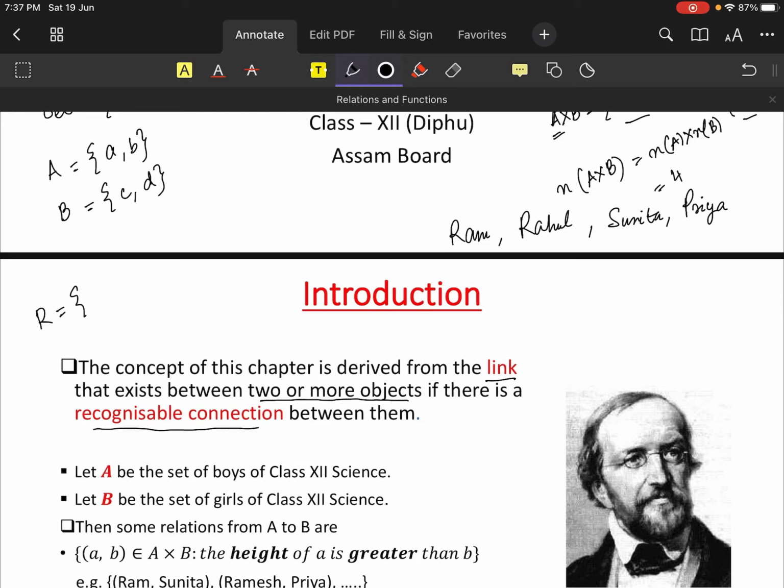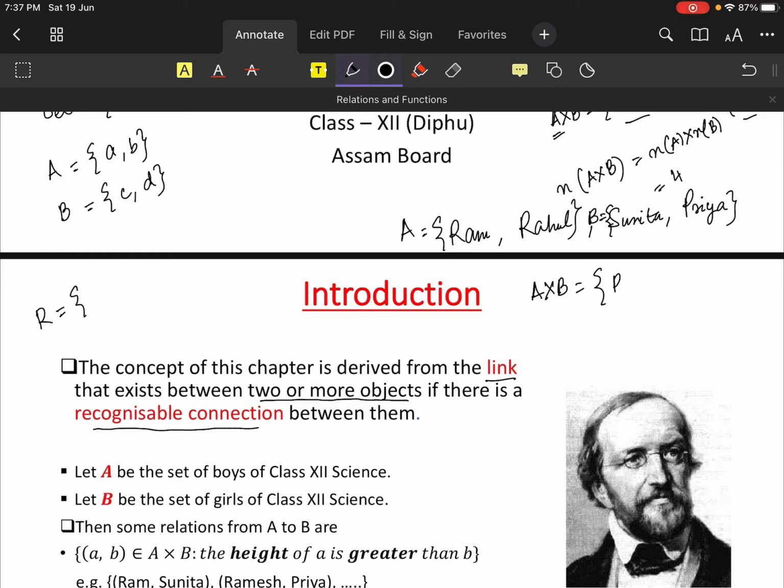Now if I have to do the Cartesian product of these two boys and two girls, let us say that A denotes the set of boys and B denotes the set of girls, right? Now if I do the Cartesian product, I will have A cross B is equal to, I'm not going to write Ram, I will just write R1 because Rahul is also R.